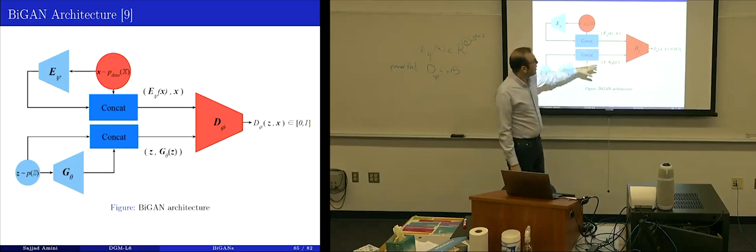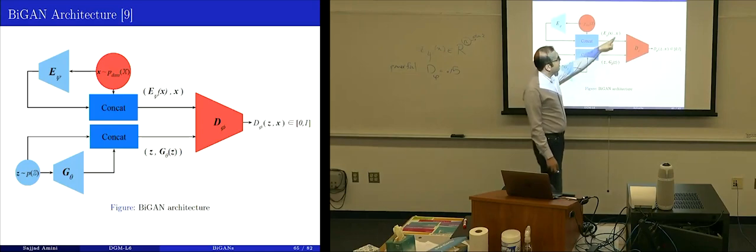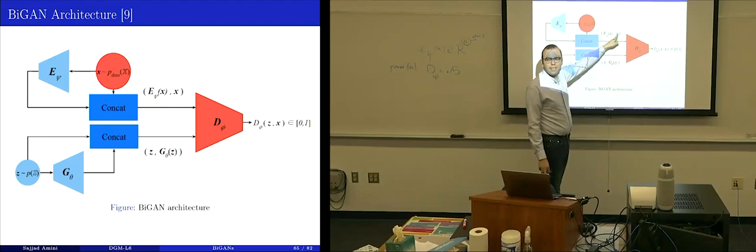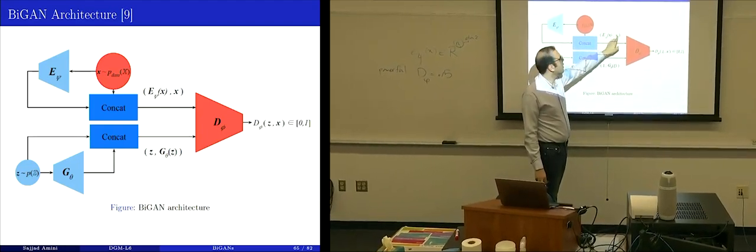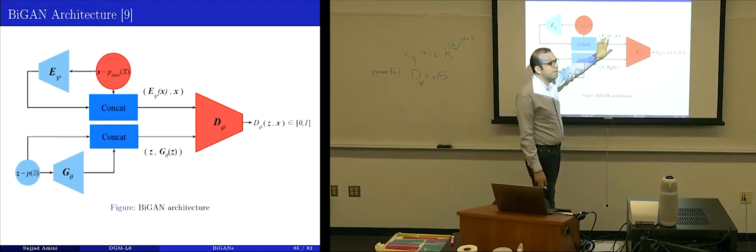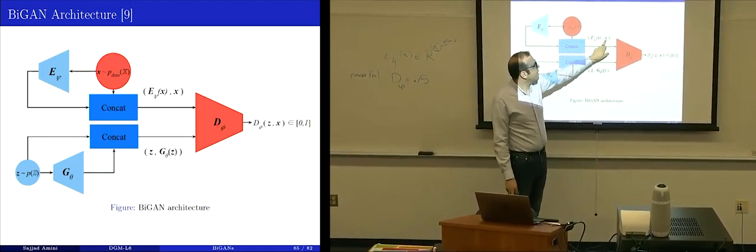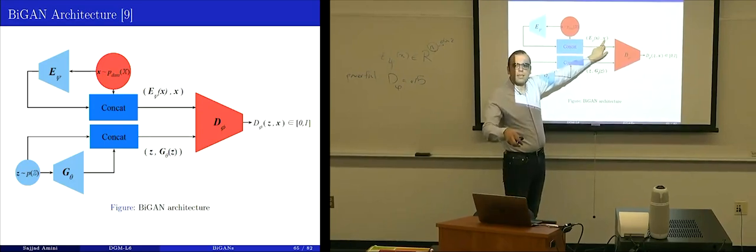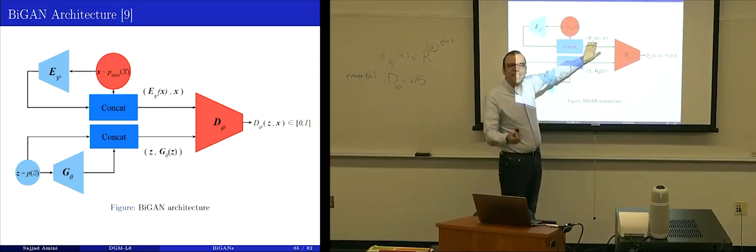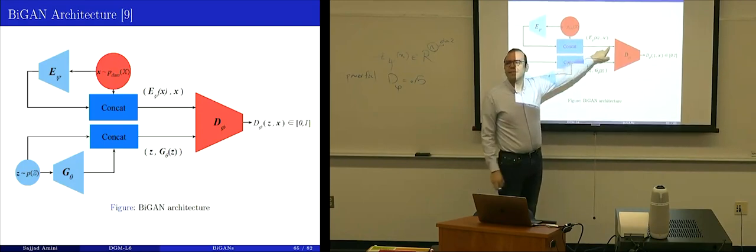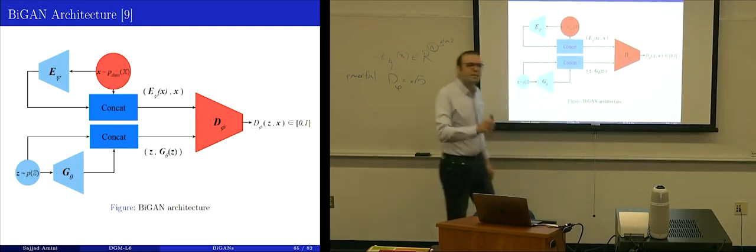In other words, if x is coming from the true data distribution, e psi of x is the corresponding latent. If this x is data generated using your model, this should be near to the z generating that x. Does it make sense?